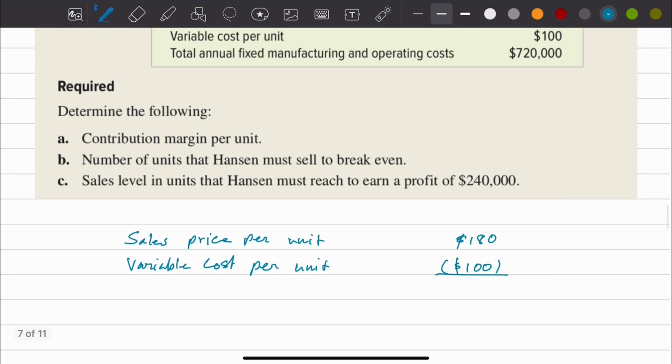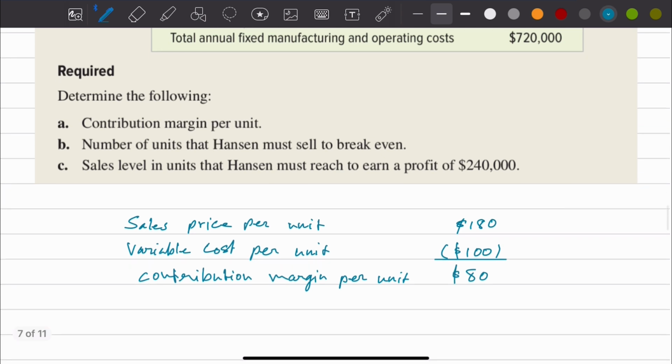That would give us contribution margin per unit, which would be $80. Okay, so that is the first requirement A.